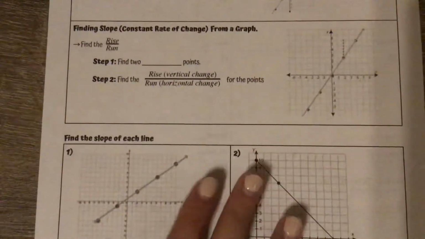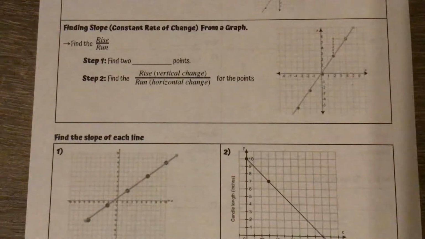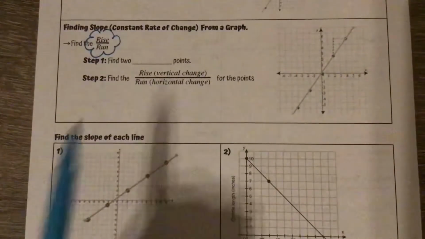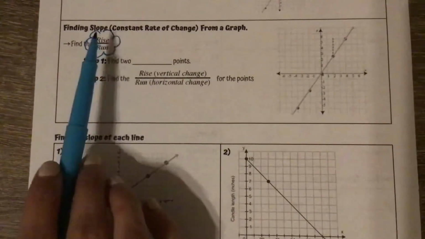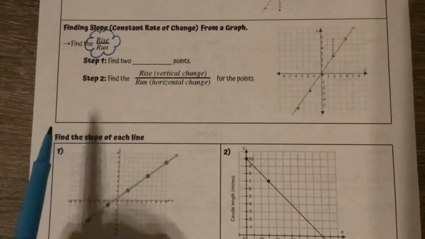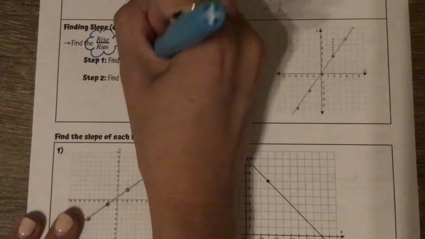So finding the slope or constant rate of change from a graph. We use this little term, we say rise over run. A lot of people want to run and then rise, but it's rise first. You have to get up before you go for a run. So what's important is you find two distinct or clear points.